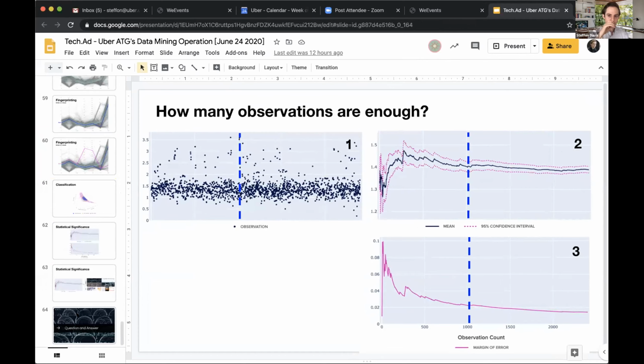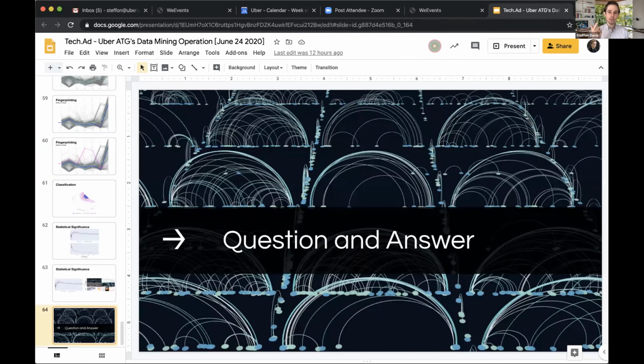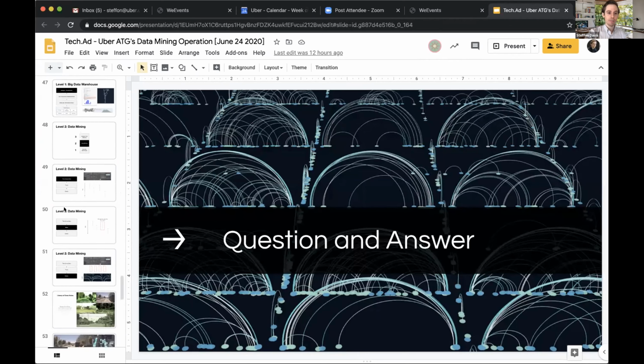Yeah, absolutely. The example analysis that we looked at was dealing with the atomic level of looking at each crossing individually.